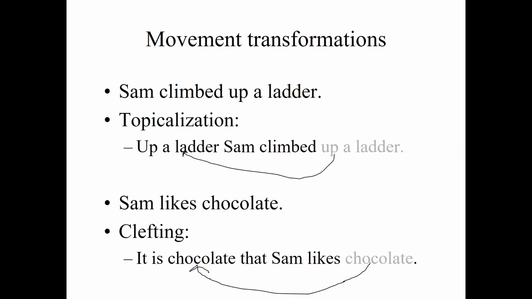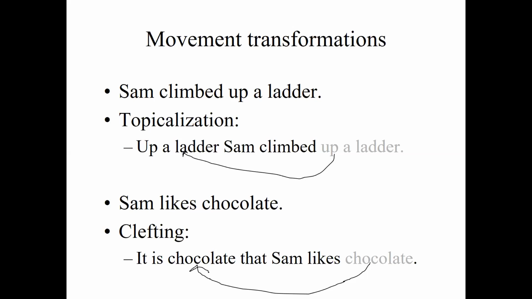So for example, if we start with Sam climbed up a ladder, there is a movement construction called topicalization that allows you to move something to the beginning of a sentence in English. So we can have up a ladder, Sam climbed. Using the metaphors of transformational grammar, the deep structure is Sam climbed up a ladder.